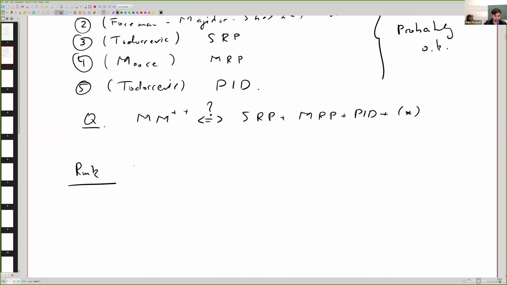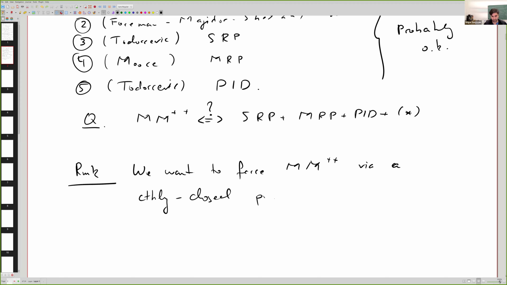We want to force MM++ via a countably closed forcing, so that we don't add reals.